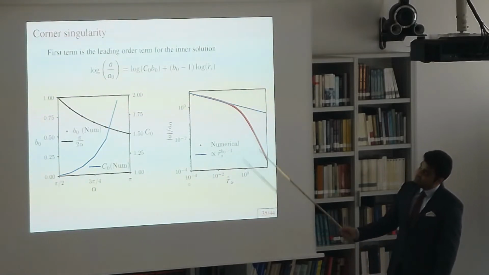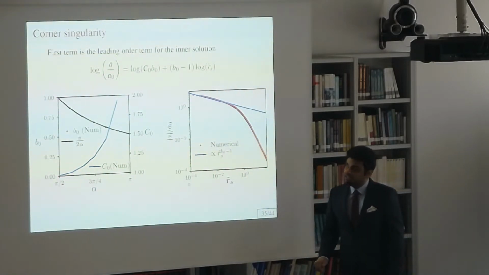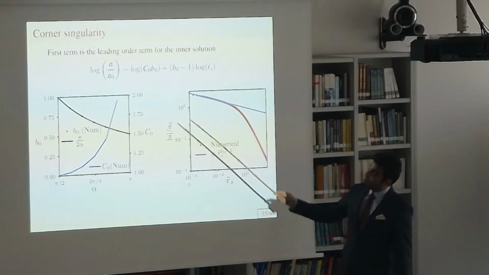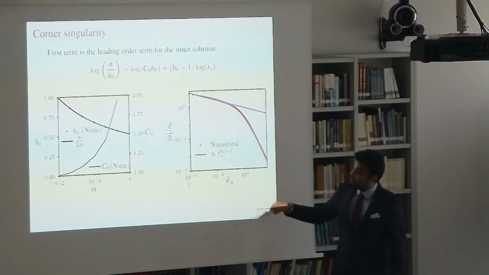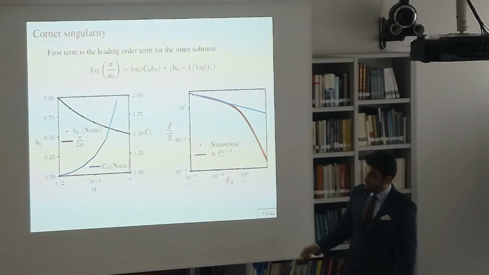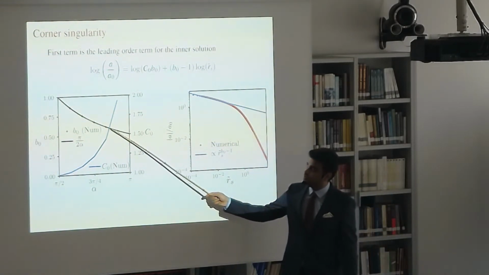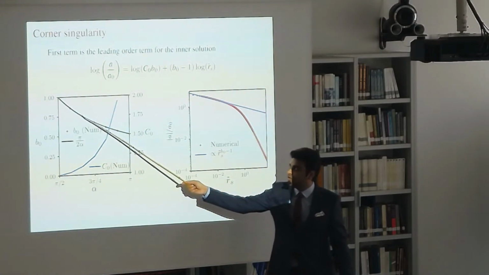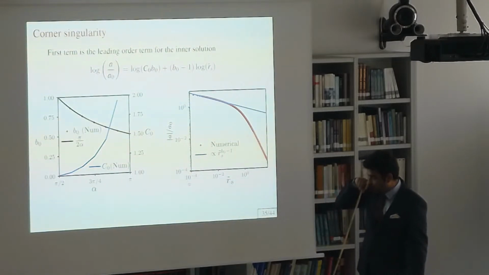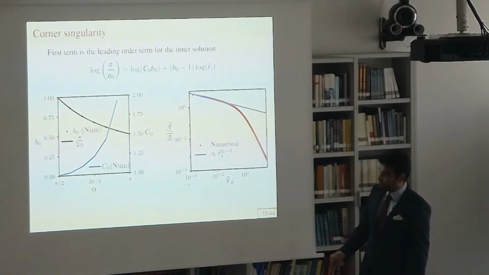And we can verify the existence of the singularity in our numerical simulations. We fit the numerical data, particularly C0 and b0, with the first term of the series. Here I show you the DNS results, or the numerical results, which are the points, and the solid line is the theory, and they match well.